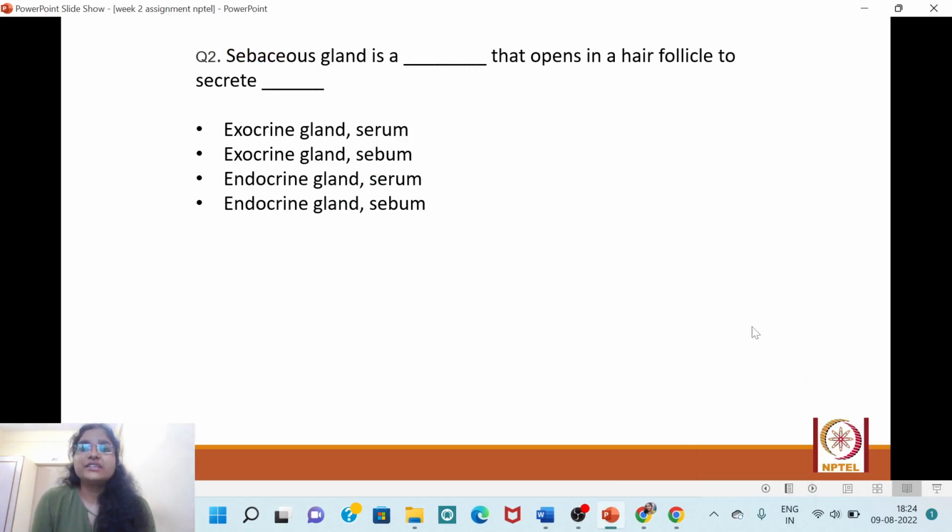Sebaceous gland is a dash that opens in a hair follicle to secrete dash. Option A, exocrine gland serum. Option B, exocrine gland sebum. Option C, endocrine gland serum. And option D, endocrine gland sebum. So the first dash should be exocrine gland or endocrine gland, and the second dash should be serum or sebum.